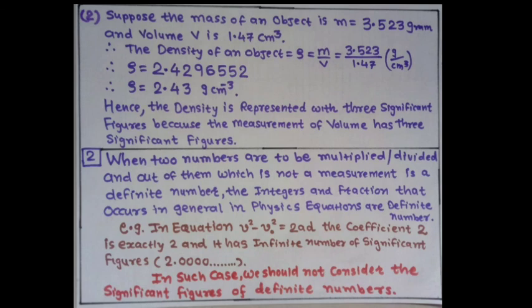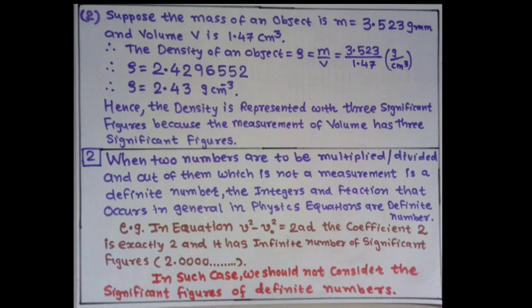So we get rho = 2.4296552, and rounding off to the correct significant digits gives 2.43 gram per cm³. Hence, the density is represented with three significant figures because the measurement of volume has three significant figures.